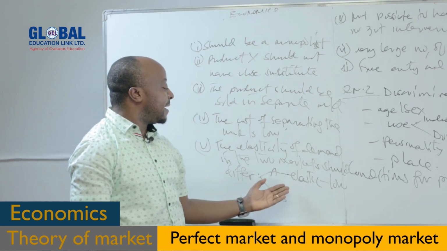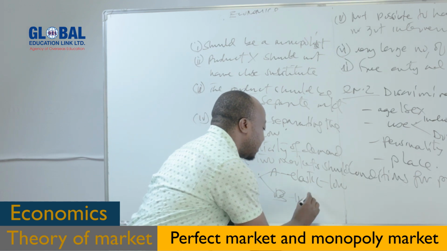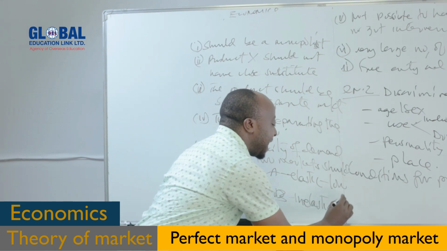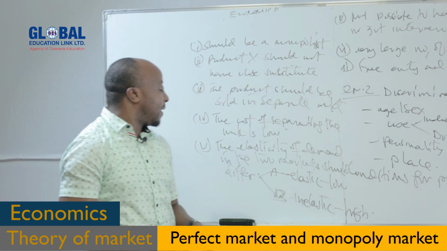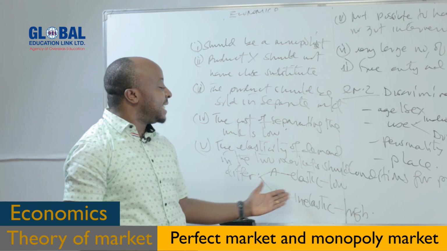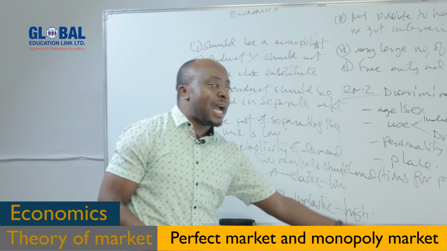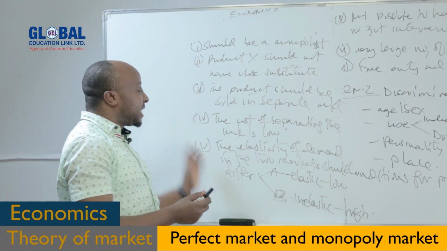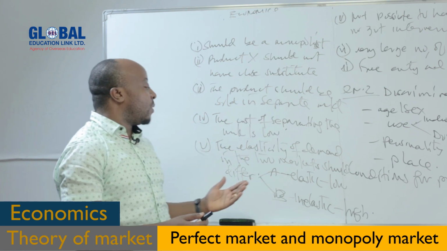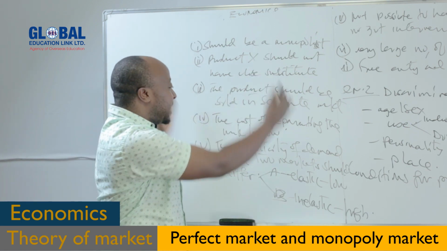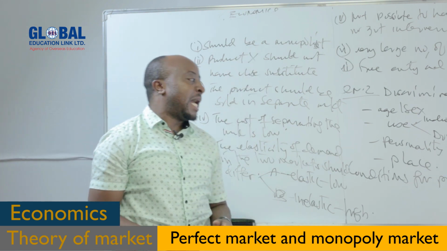So where demand is elastic, charge a low price, and where demand is inelastic, charge a high price. These conditions make John's goal of maximizing sales revenue through discrimination possible. This is for the case of question number 2.